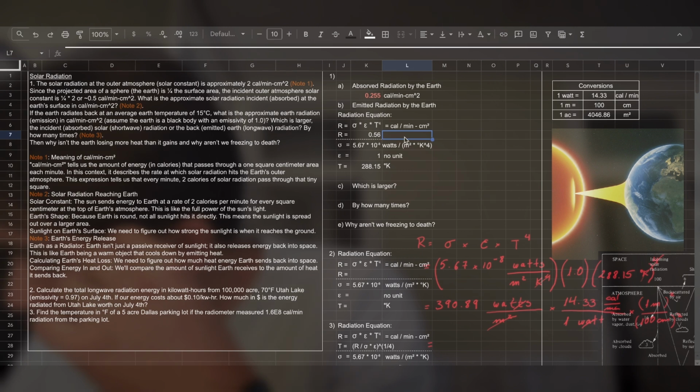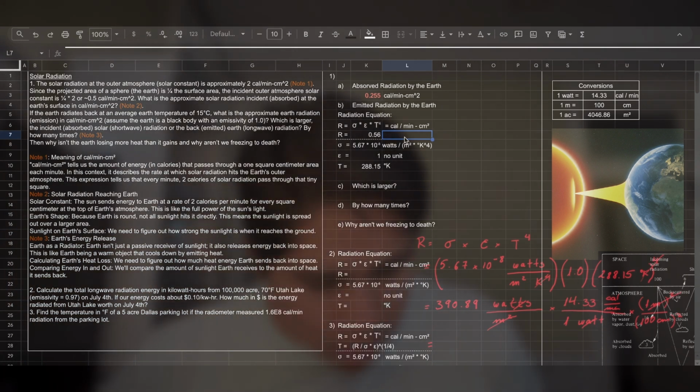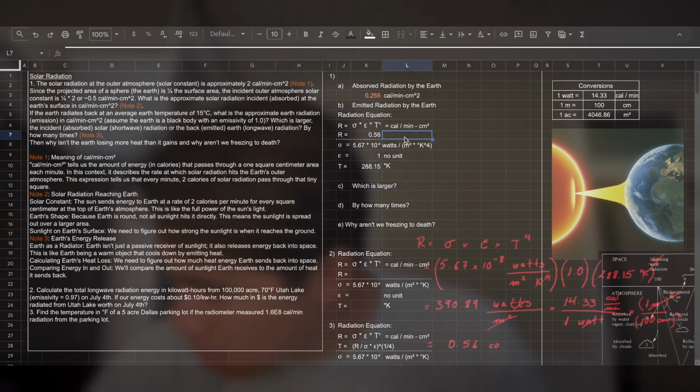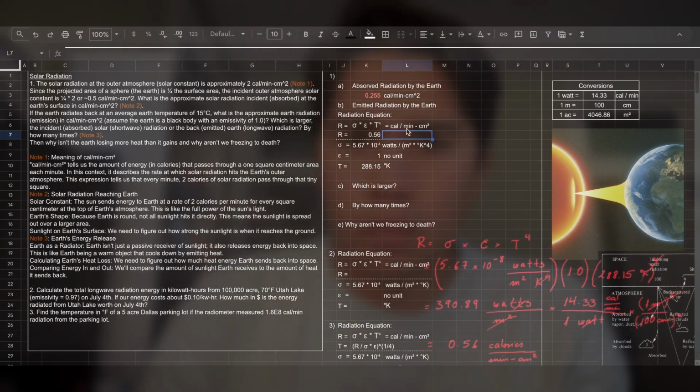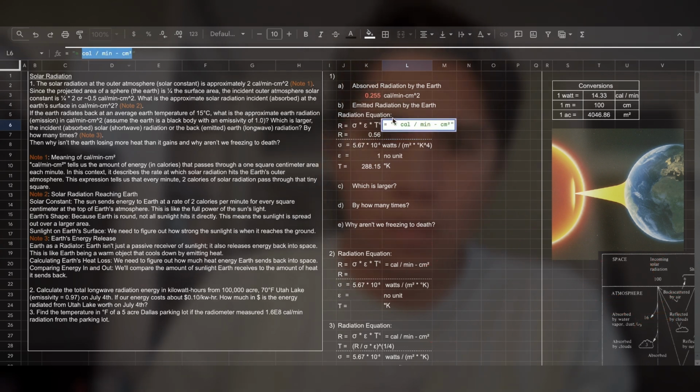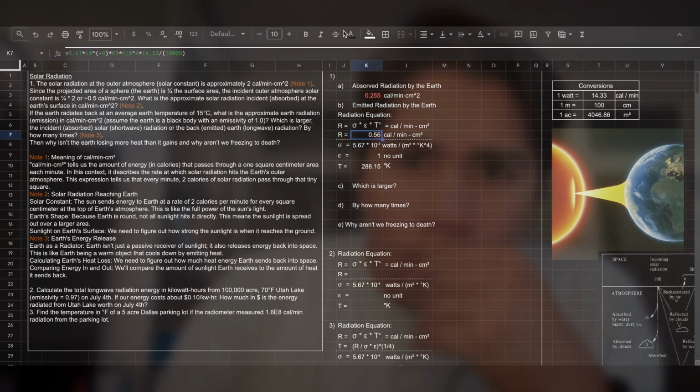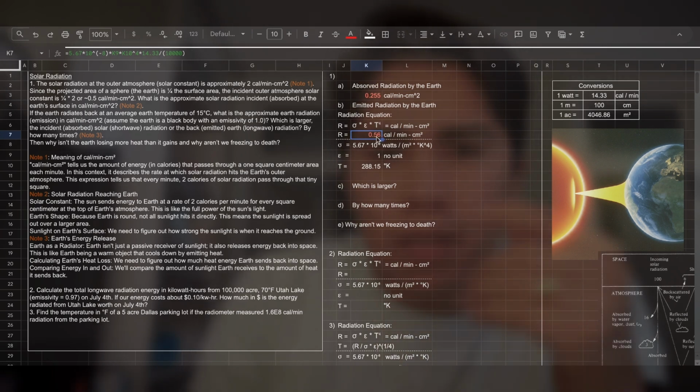These meter squares cancel, and we get the value of 0.56 calories per minute centimeter square. This is the answer for part B. This is how much energy is emitted back from the Earth's surface.